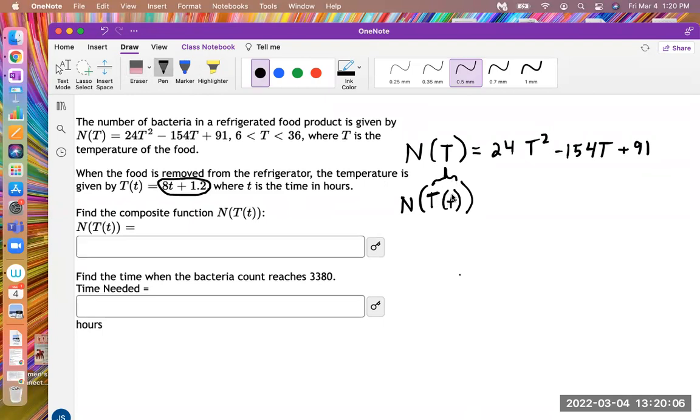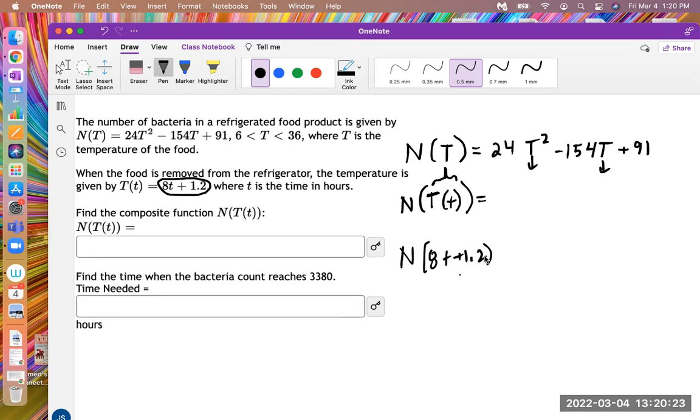So T of t is 8t plus 1.2. I'm plugging in, where I used to see the T, 8t plus 1.2.